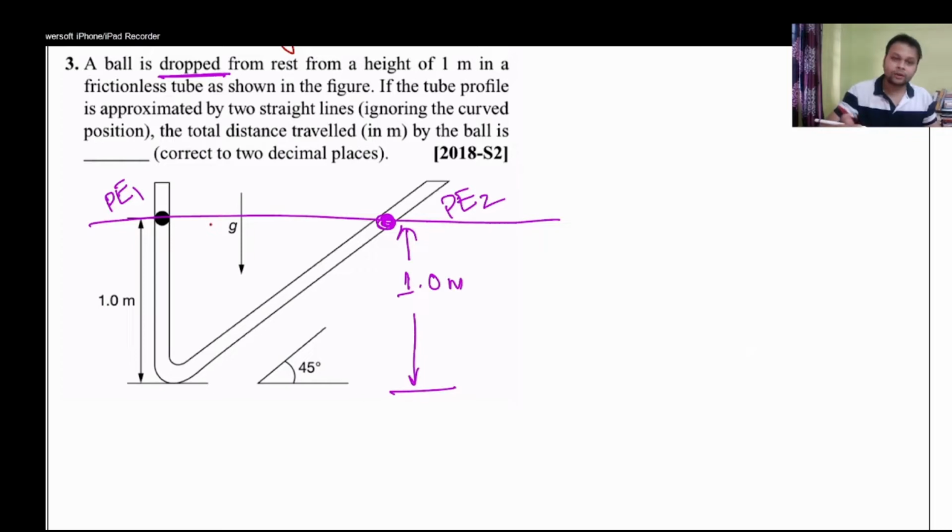So we can easily calculate the total distance traveled here. Now this angle is 45 degrees.